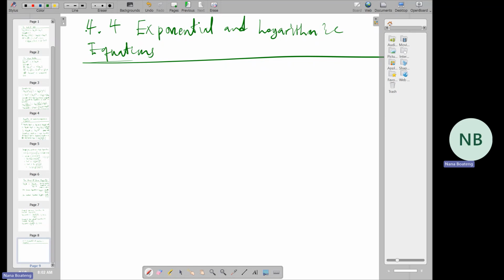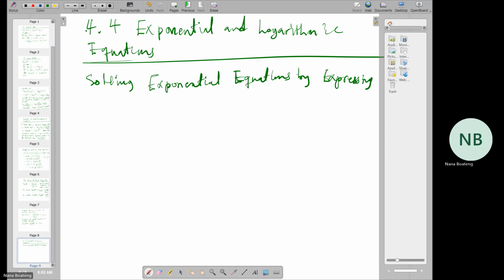So what we're going to be starting off with is solving exponential equations by expressing each side as a power of the same base.